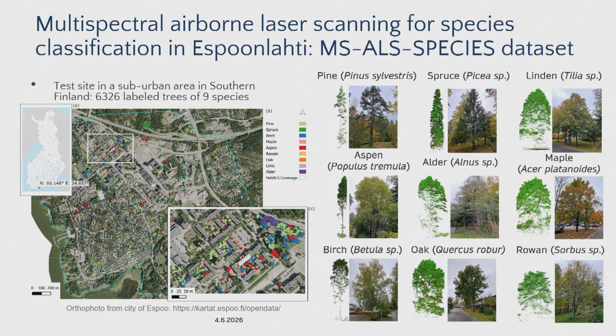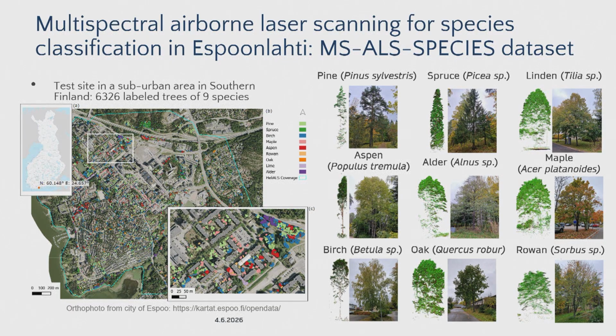We selected a test site which was a peri-urban or suburban area so that we get these 9 species. In Finland, we basically have 3 species. And these were the species, and the test site was located there.